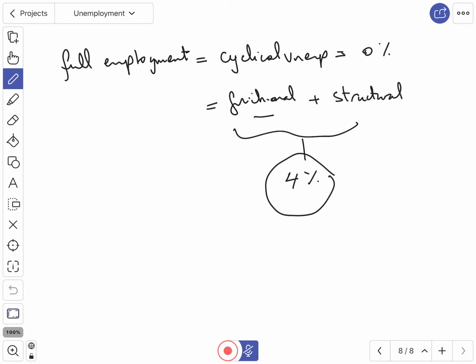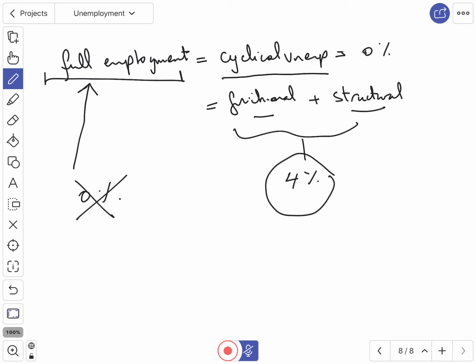It includes frictional, people still looking for jobs, trying to match their skills with job requirements, or structural, those people who have lost their skills forever. But anytime I say the best case scenario for the economy is to achieve full employment, does that mean 0% unemployment? Of course, no. It means that just the cyclical part is equal to 0. However, I do have frictional and structural.